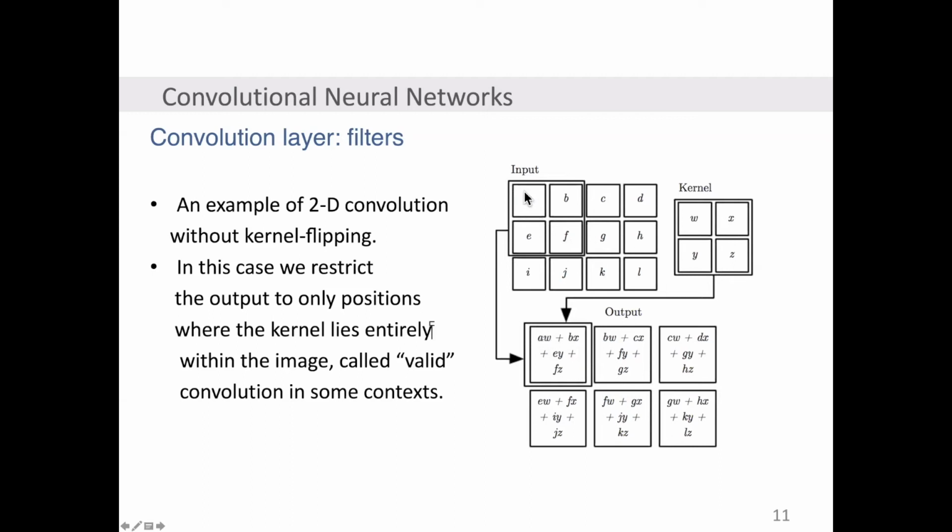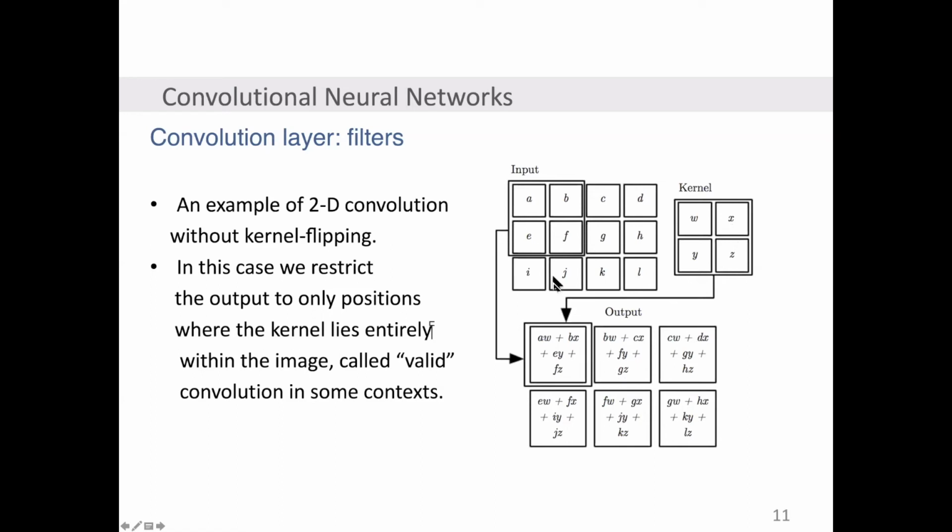If we shift the position of the kernel to this position, by applying the kernel we will obtain BW plus CX plus FY plus GZ. If we shift one more, then we will have the kernel applied here. In that case, we will have CW plus DX plus GY plus HZ.